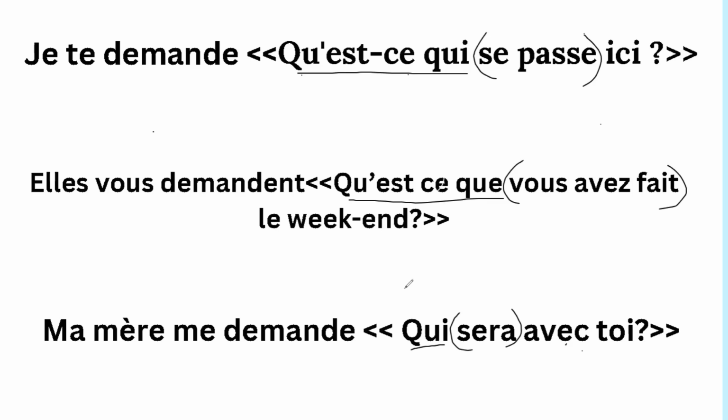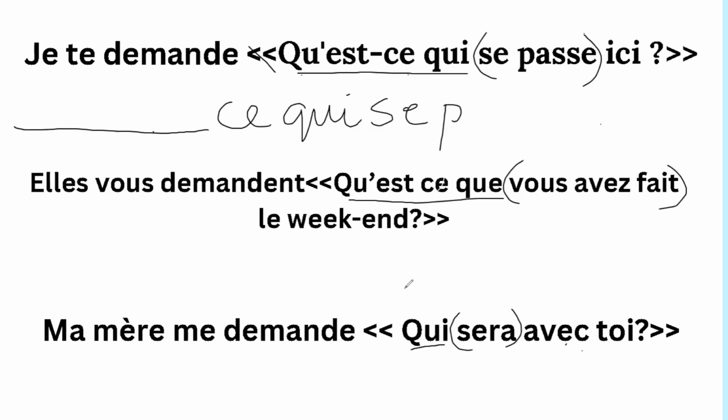Now we just saw that questions with qu'est-ce qui change to ce qui in indirect speech. So here everything before the dialogue remains same, no change in this. Qu'est-ce qui we just saw change to ce qui. And we'll maintain, nothing is required because it's a verb here. Se passe ici.